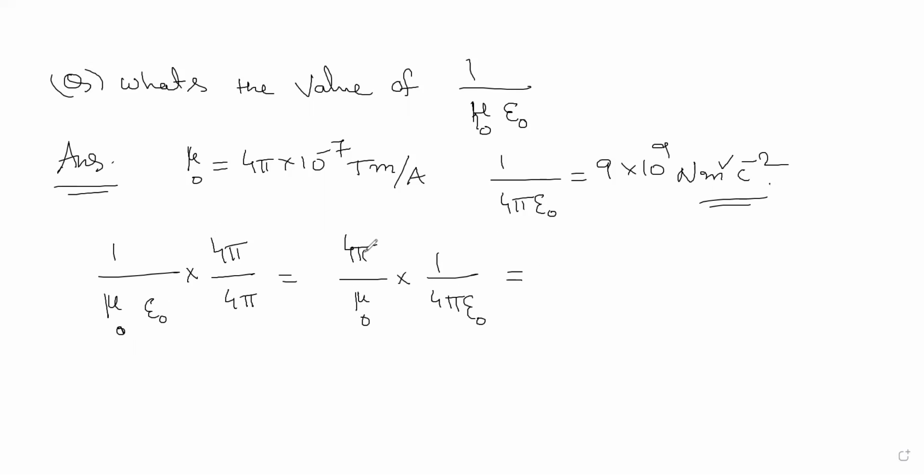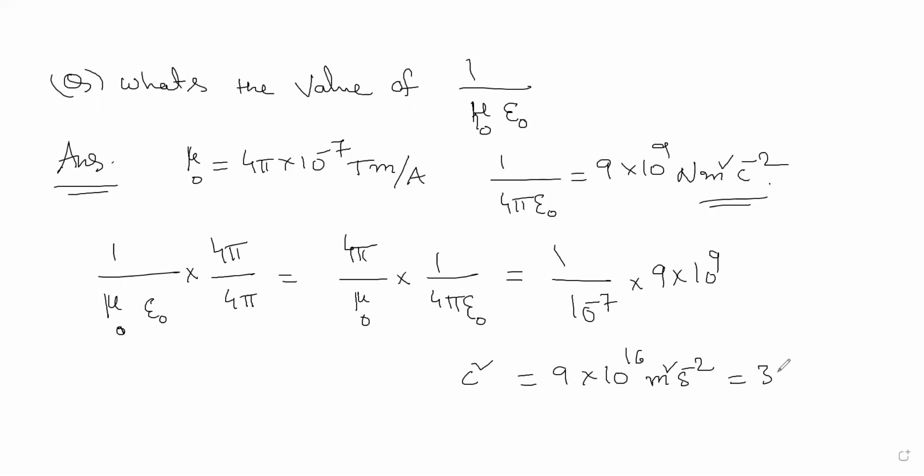The first gives me 1 by 10 to the power of minus 7, and the second is 9 into 10 to the power of 9. So this works out to be 9 into 10 to the power of 16 meter square second power minus 2. When you work out the units, you will get this, which is nothing but velocity of light whole square. Velocity of light is 3 into 10 to the power of 8 meters second inverse, whole square. So that's the answer for this one. You can make a note of this. This is an important question.